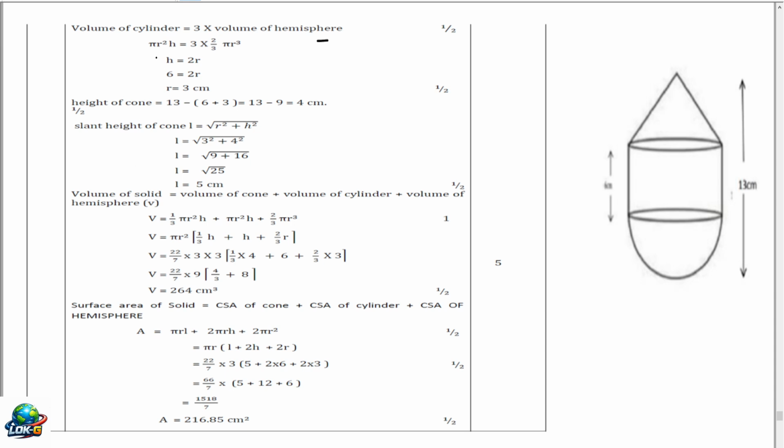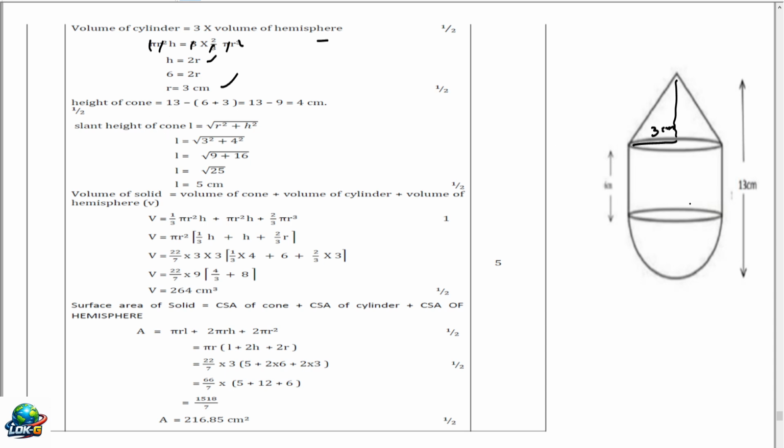What is the volume of the cylinder? pi r square h is 3 times 2 by 3 pi r cube. Observe, pi cancels, r square cancels, 3 cancels, h is equal to 2r. Height is 6 centimeter, therefore radius will be 3 centimeter. This radius you got now as 3 centimeter.